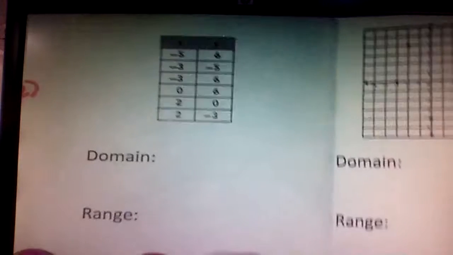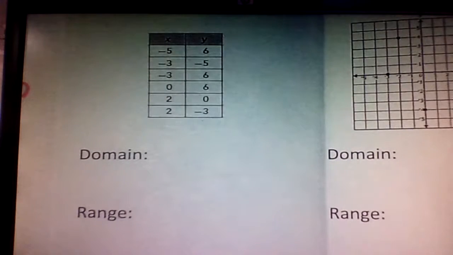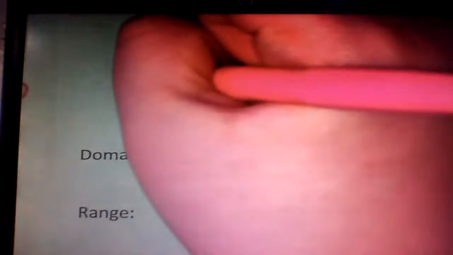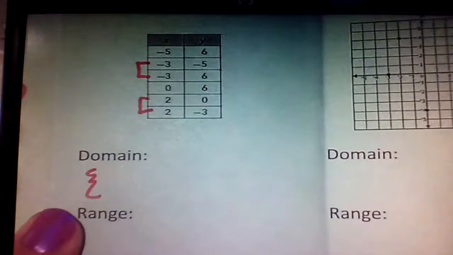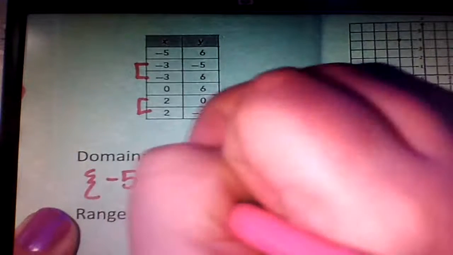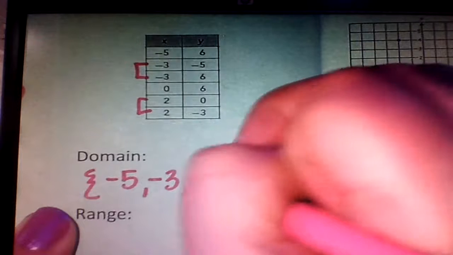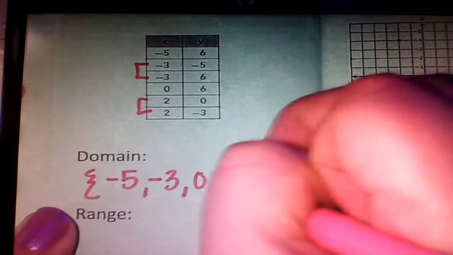Okay. In this table, notice that I've got 2 -3s in my x's and I've got 2 +2's. So when I write my domain this time, I only need to list it once. So I only need to list -5, -3, 0, and 2.